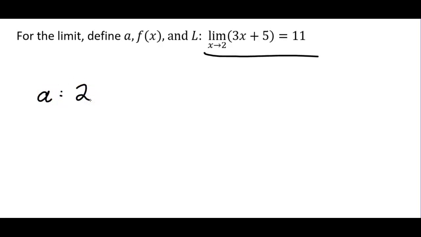A is 2, right? It says define these. So what is f of x? Well, what's the function that they're giving us? 3x plus 5. And then finally, what's the limit? 11. So there were some examples in the homework where we were doing this. They just want you to know the pieces, what the notation means. This is kind of the beginnings of calculus here. And I think that's going to be it for this video.